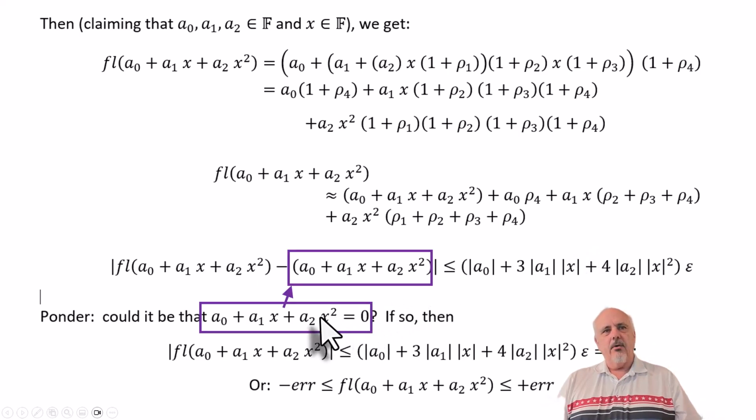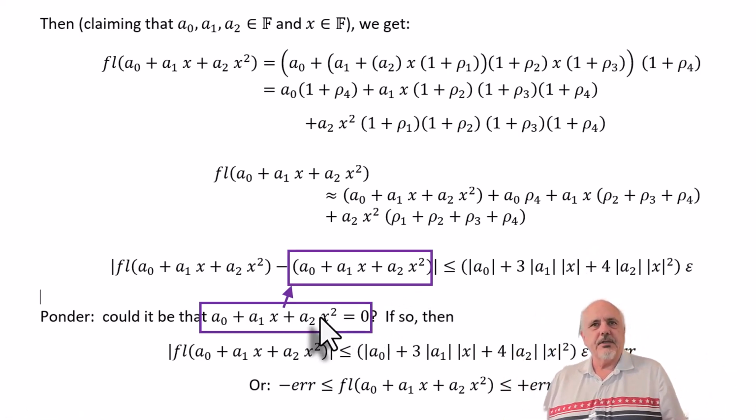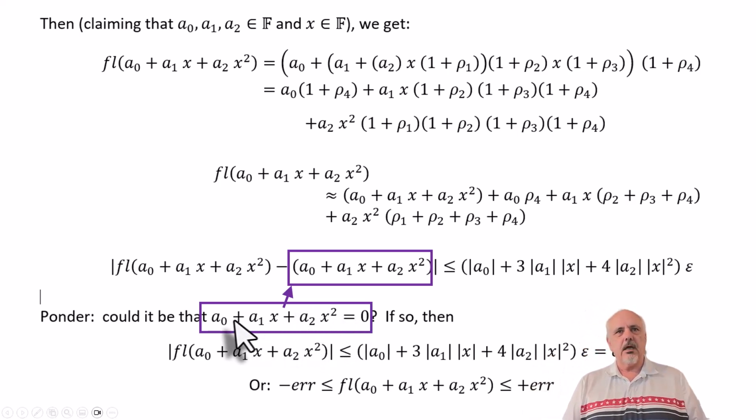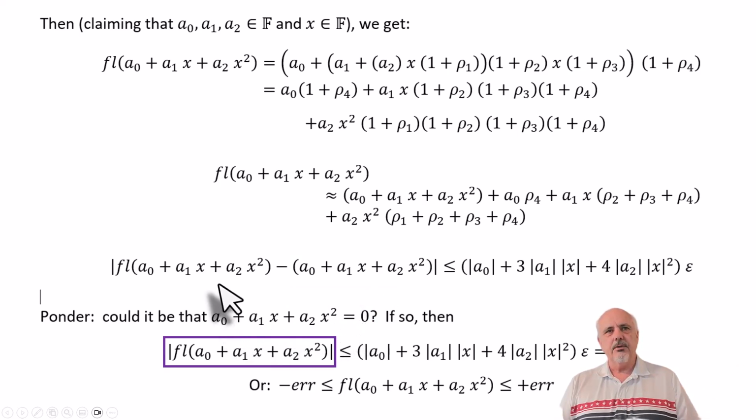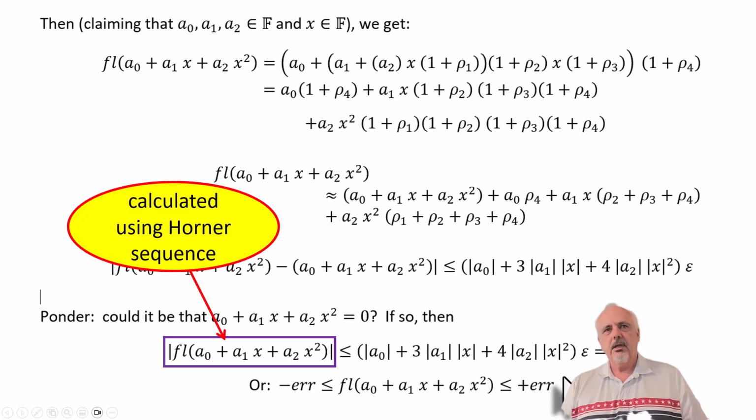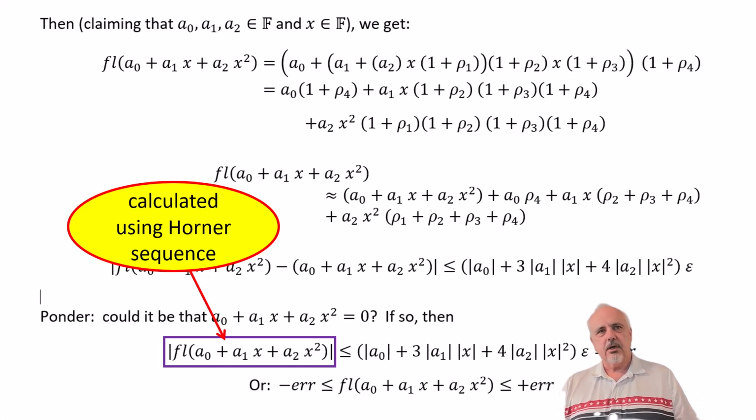All right, so now if I'm pondering if this x is a root, then I'm thinking about that combination of the true value to be 0. So then what I do is I just worry about this. If that value is less than this, then it's going to look like a root. So I can use that. I can calculate that value using the Horner sequence.